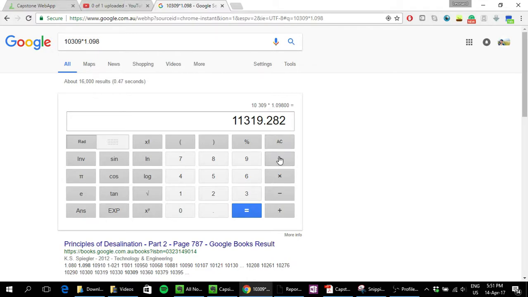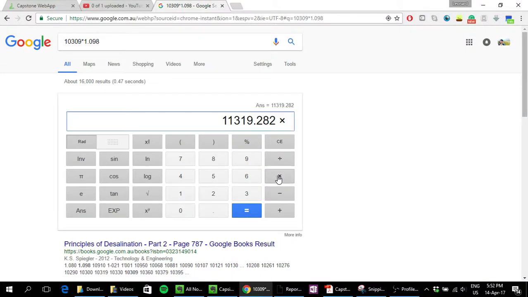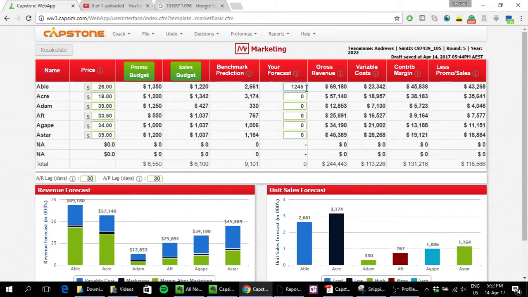If I got 11% market share the previous year and I expect to get the same, I would just take 11 over 100 times the forecasted amount, which is actually 1245. So I'll just put 1245 for my sales forecast, and that's it. Never use the benchmark prediction because it's always off the charts.